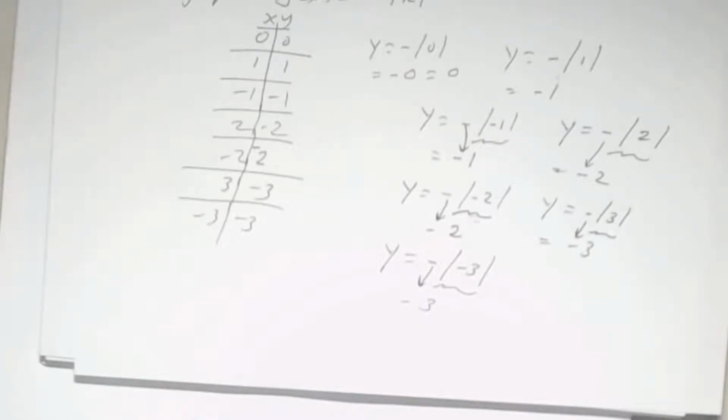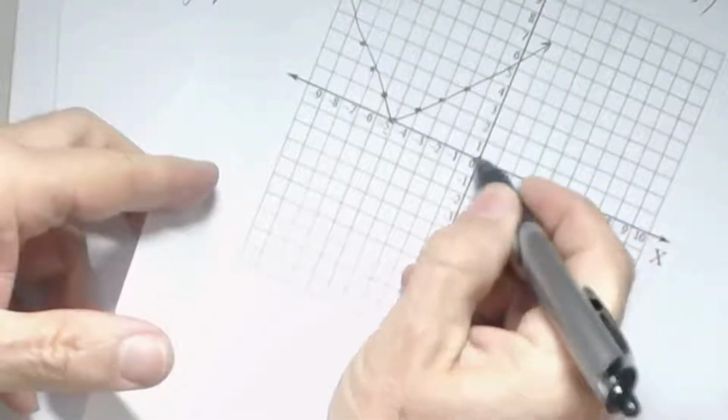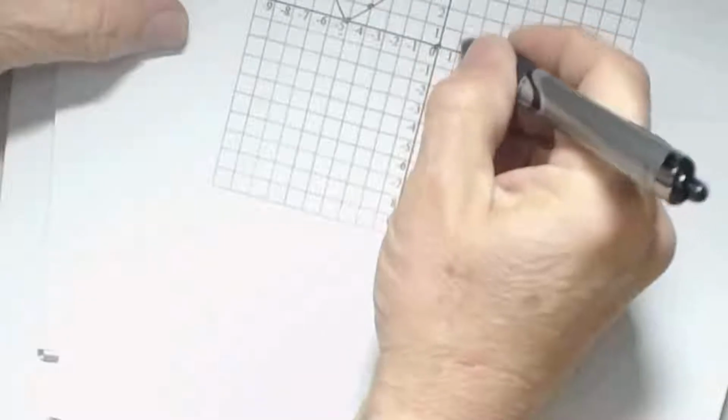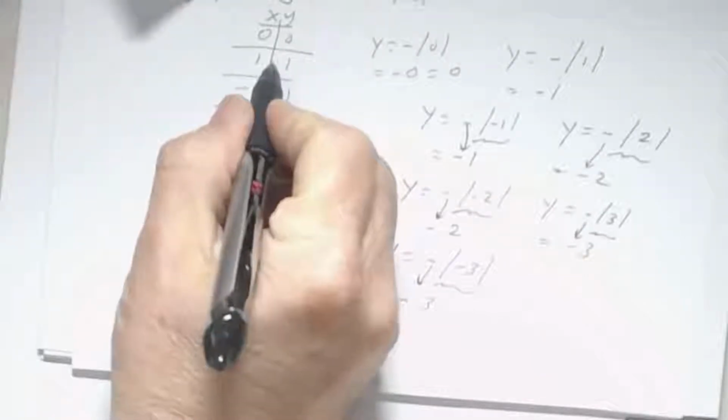All right, so when I plot those points, to save some paper, I'm going to go ahead and put it on this one. So I get 0, 0, which is here, right? I get 1, 1, which is here. Oops, I did not mean 1. What did I mean to put here? Negative 1, right? Because that was right here.